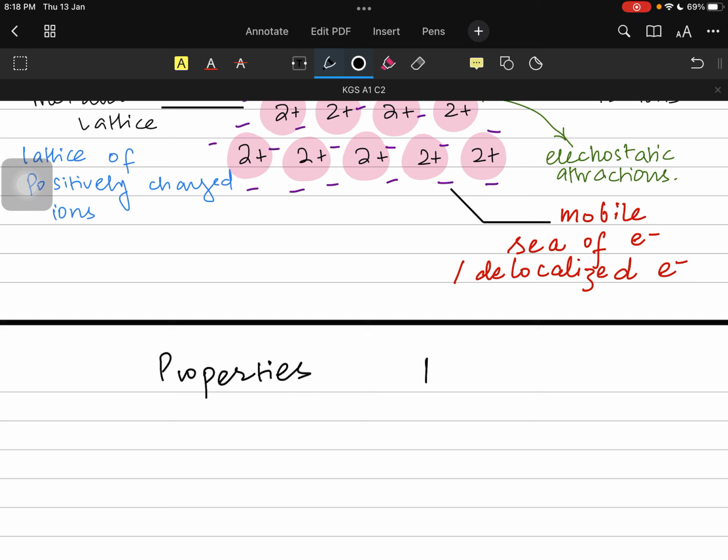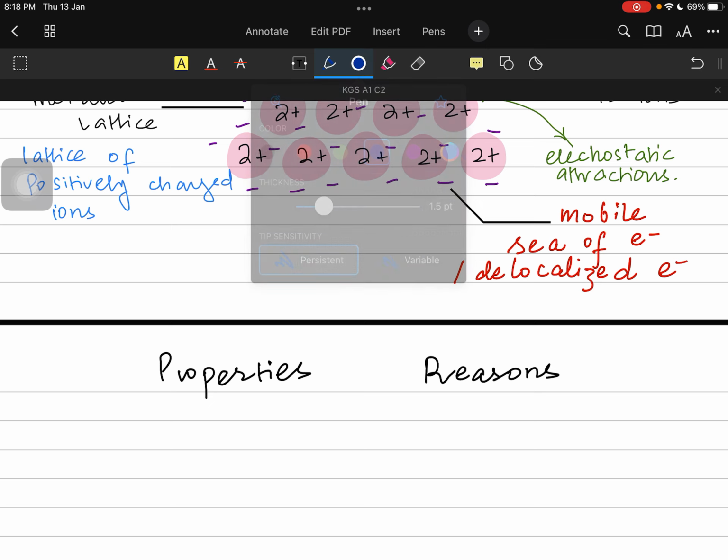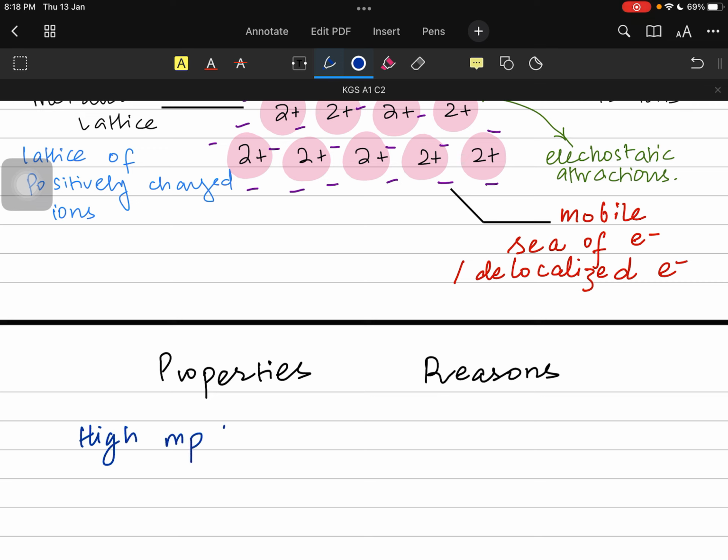Properties, reasons. Their first property would be that they have very high melting and boiling points. What could be the reason for that? The reason would be that they have strong electrostatic forces of attraction between what? Between the mobile sea of electrons and the lattice of positive ions.